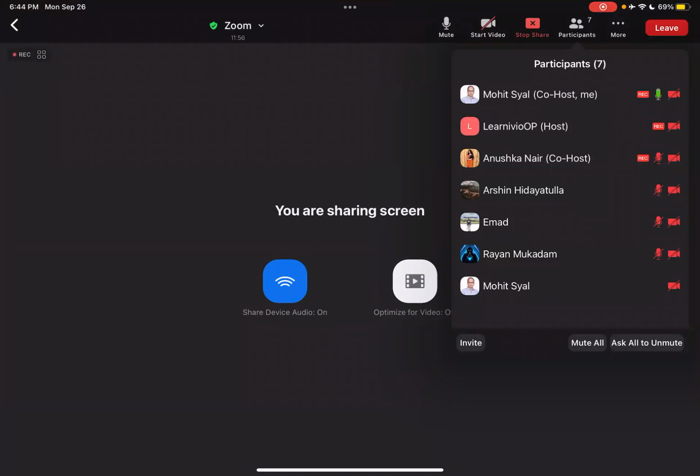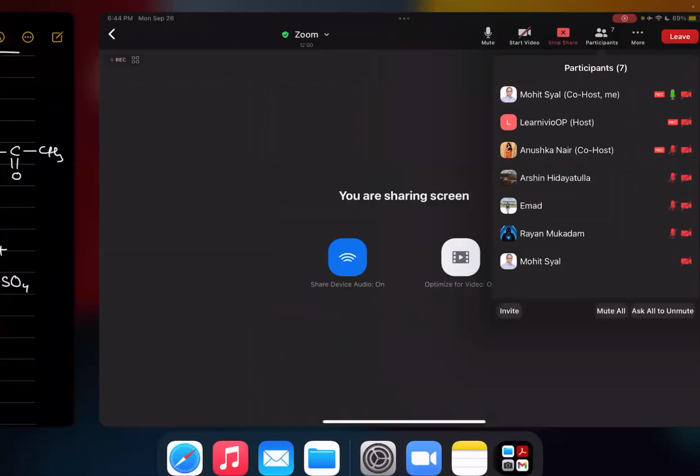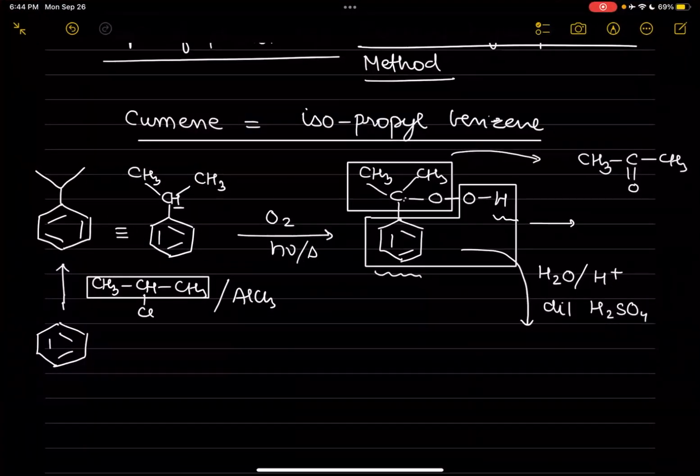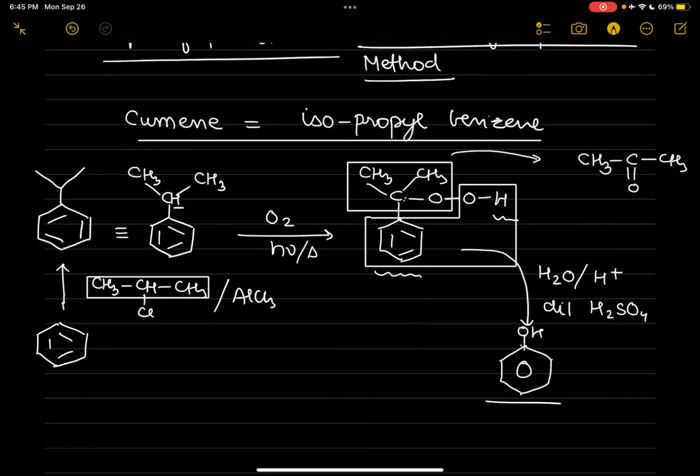So this portion, which I highlighted, comes out as phenol. So you end up with two things, phenol and acetone, right? So acetone is a byproduct.